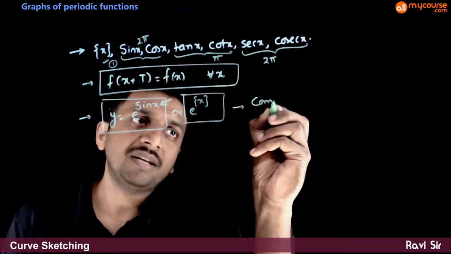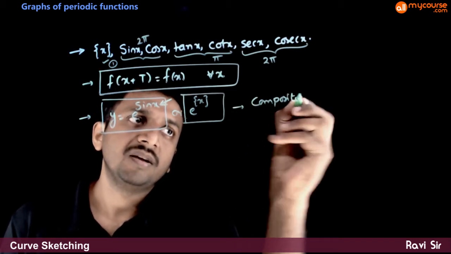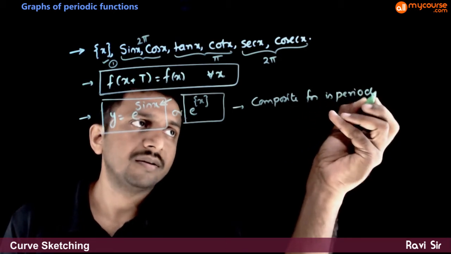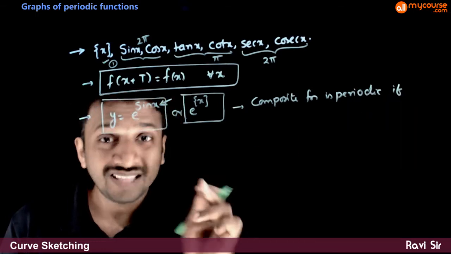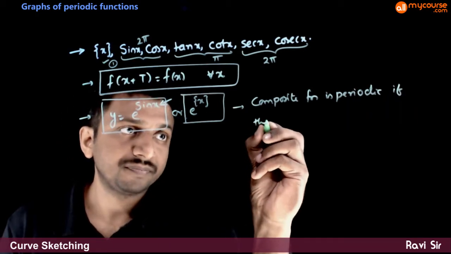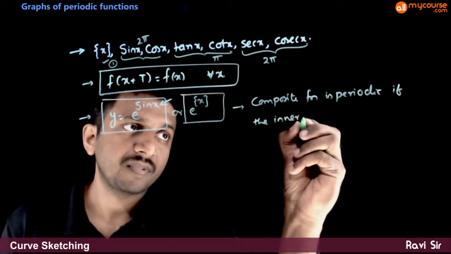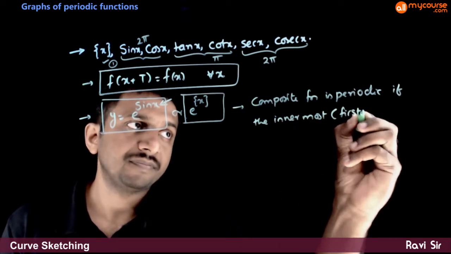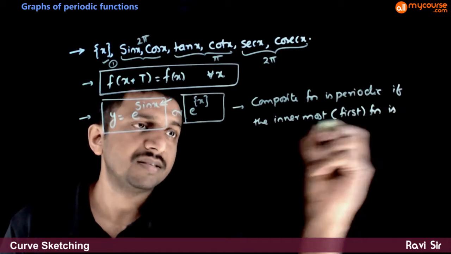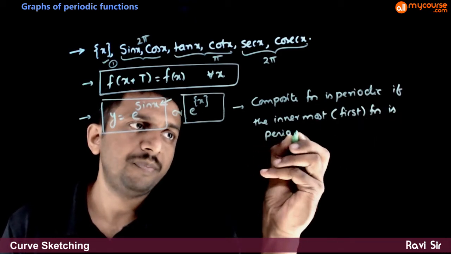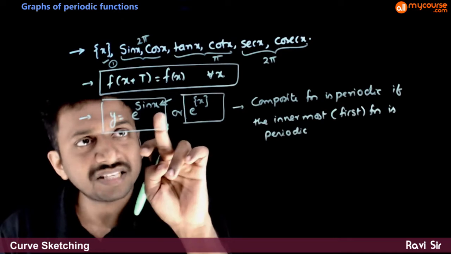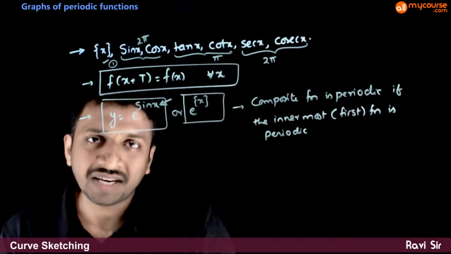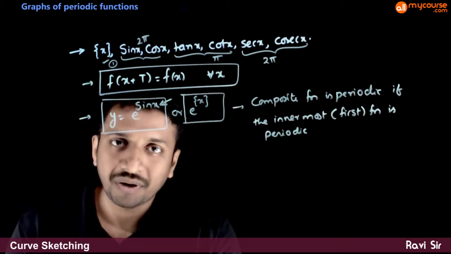So a composite function is periodic if the innermost or the first function is periodic. That is, if the first function into which x goes is periodic, I can be very confident that the whole function is periodic.